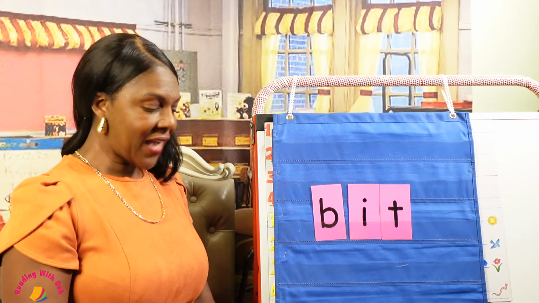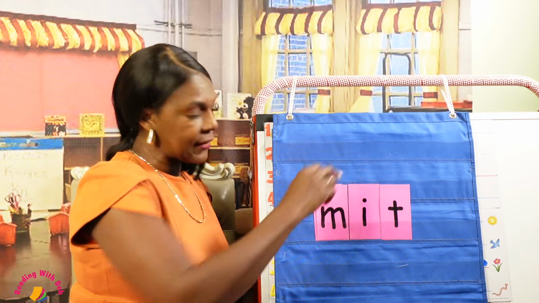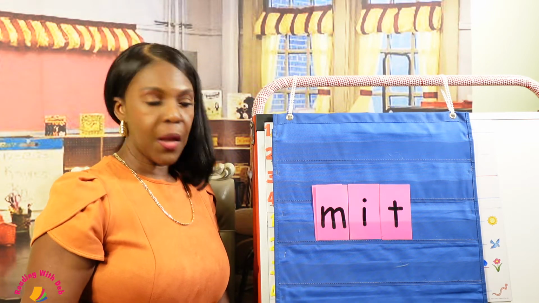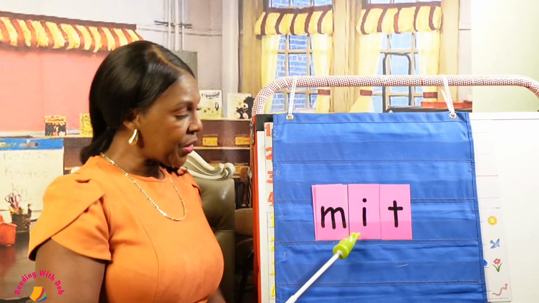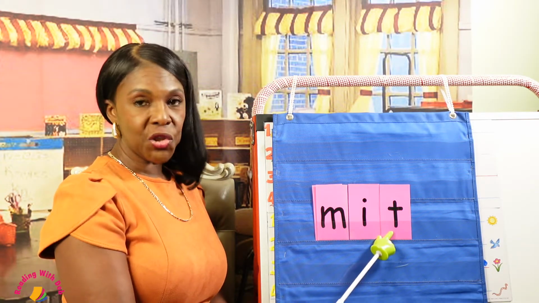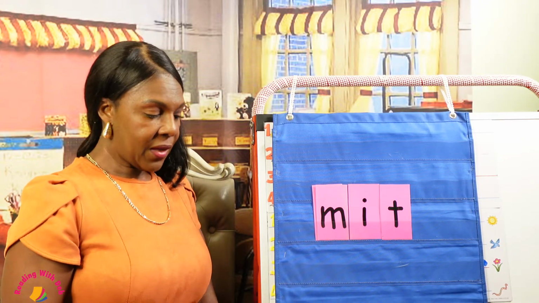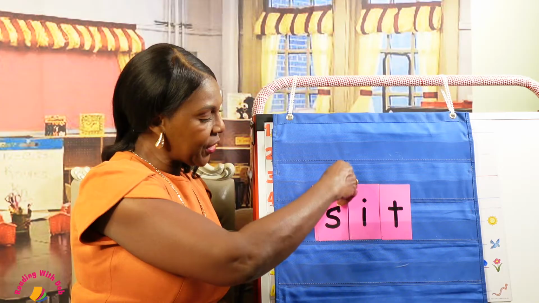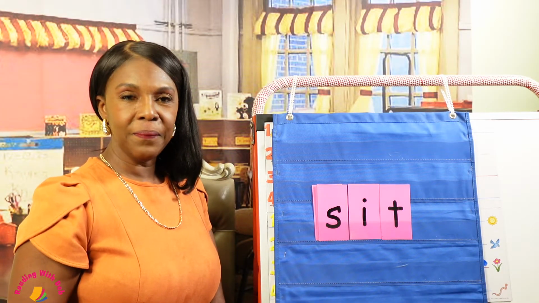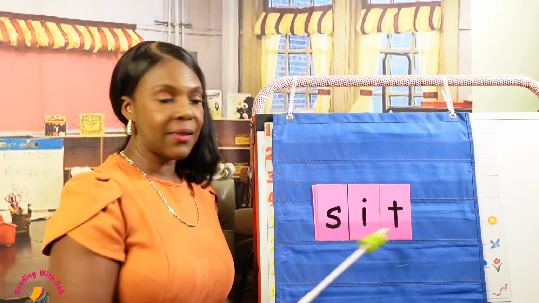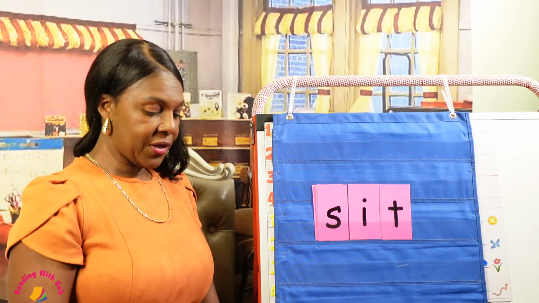B, it, bit. If that's bit, what do you think this says? Mit. Because we know this part says it. So we're only changing the first letter. Okay? If that's mit, what do you think this says? S, it, sit. Very good.